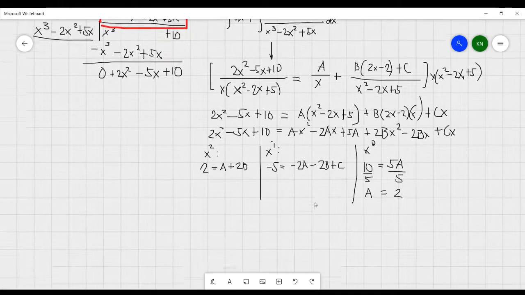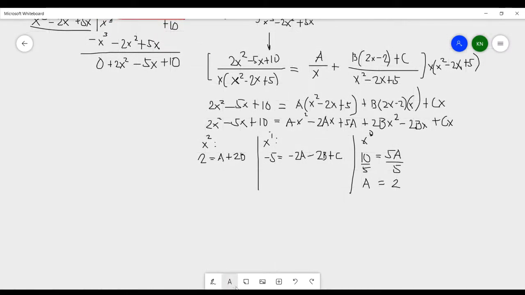So from our first equation, we can substitute our value of a to find the value of our b. So we have 2 is equal to 2 plus 2b. So 2 minus 2, that is 0. 0 divided by 2, we have b is equal to 0.